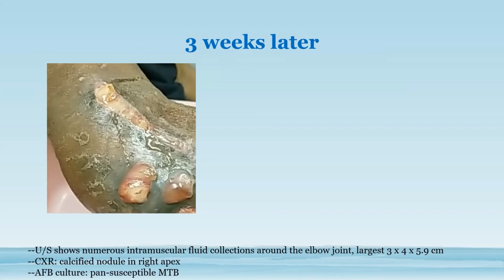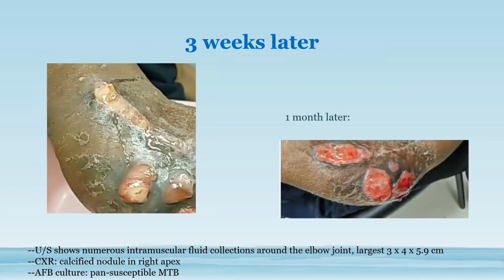And he had a chest x-ray done just as part of the evaluation at that time that showed a calcified nodule in his right apex. Kind of giving us this whole picture of this being a site of reactivation and progression to disease from prior infection. And so 1 month later, the areas were finally starting to heal because he had been on anti-tuberculous therapy.